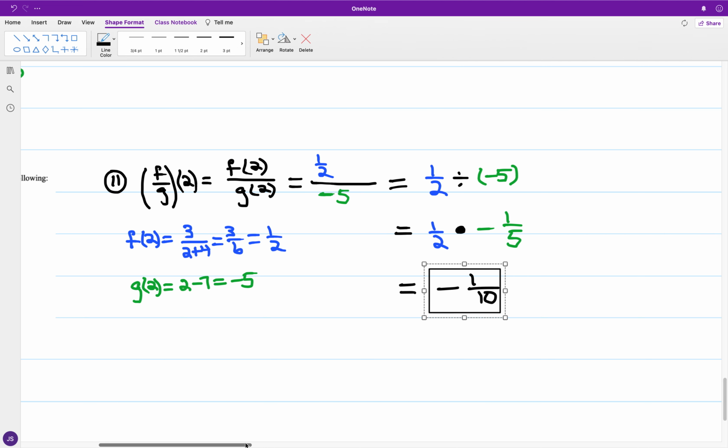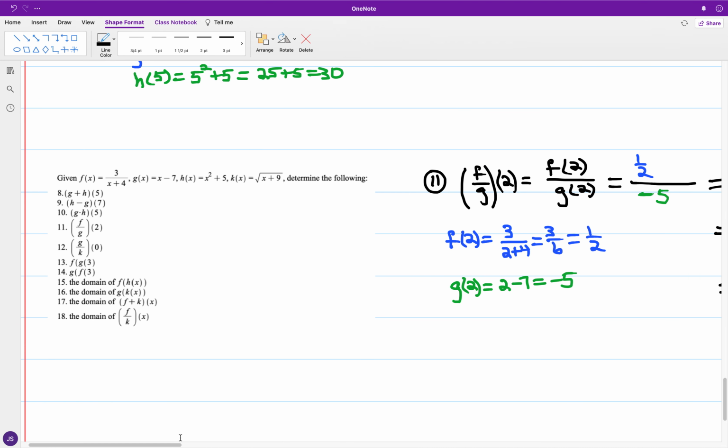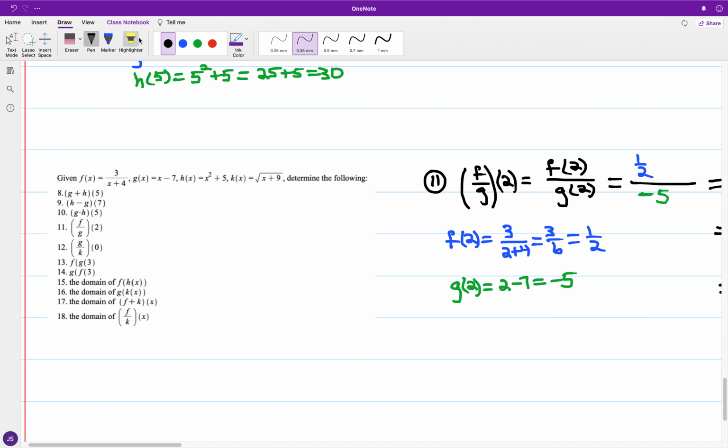All right. Now, for what we have in 12, we have g over k of 0. So we're now involving the function k.